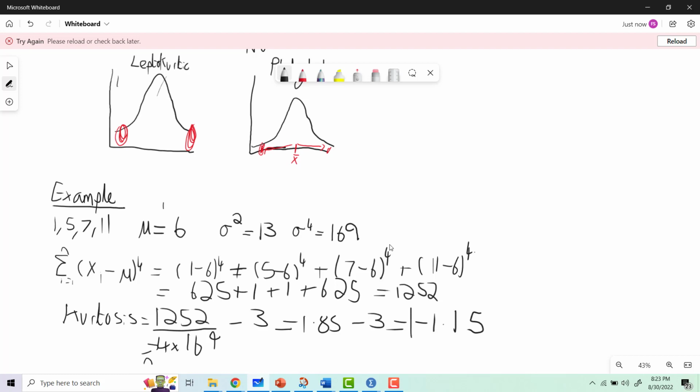So we just about have a negative kurtosis there.